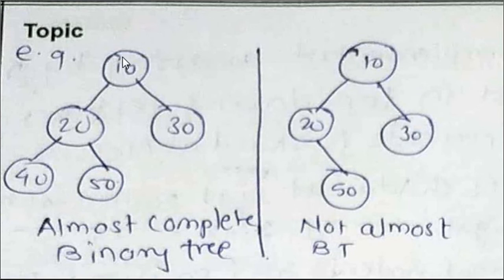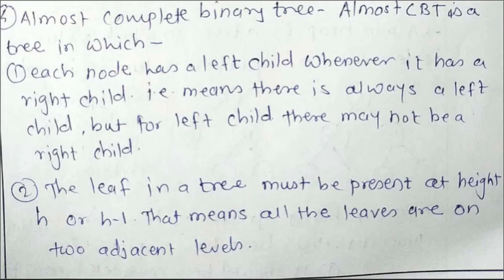Again here also we can see each node has a left child whenever it has a right child. But it is not the case that whenever it has a left child it has to have a right child. That means there is always a left child, but there may not be a right child.